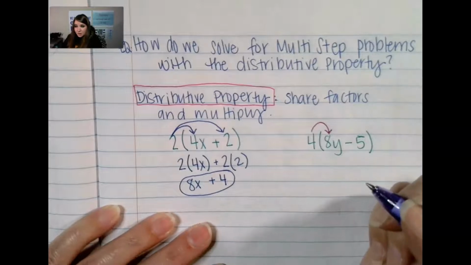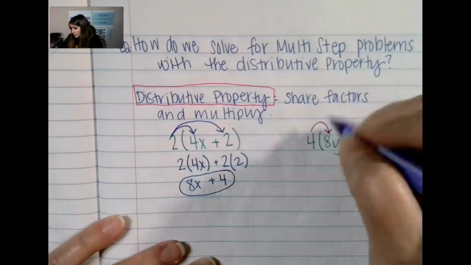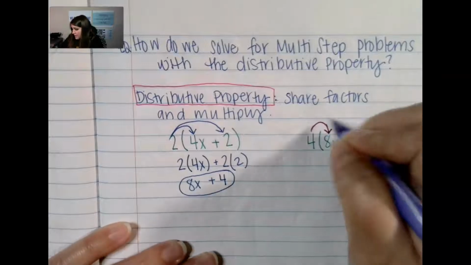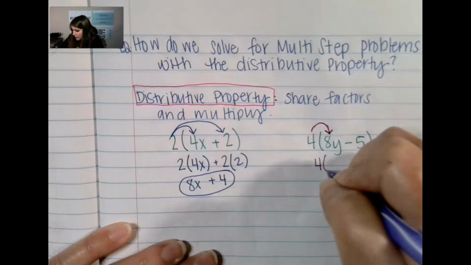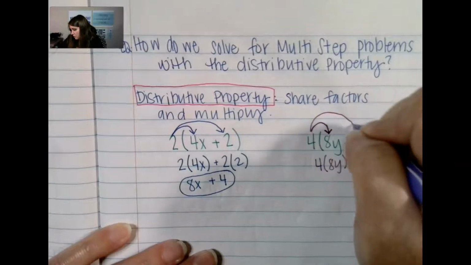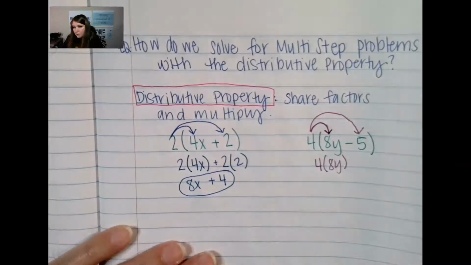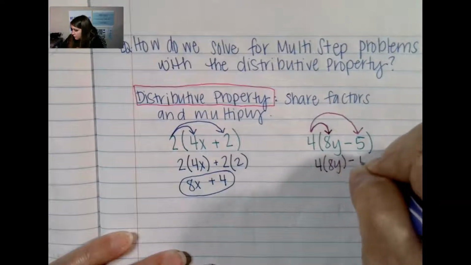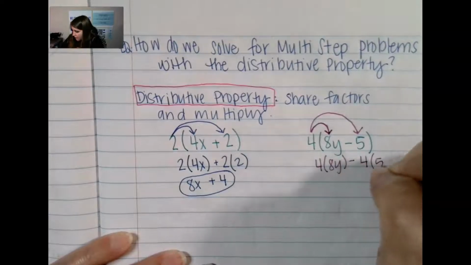Sharing is caring. So hippity-hoppity, distributive property. My little frog is jumping from here to the first factor, and this is 4 groups of 8y. Hippity-hoppity, distributive property. So I'm hippiting, now I'm hoppiting. And this one is minus 4 groups of 5.